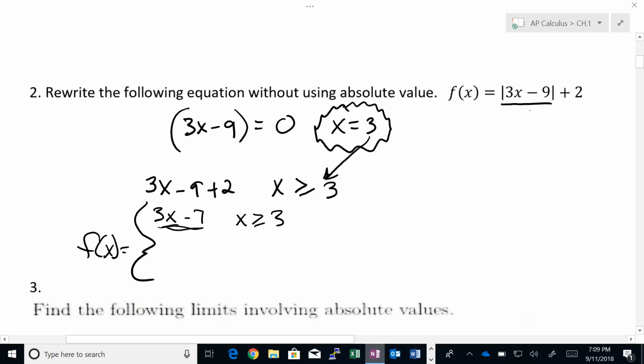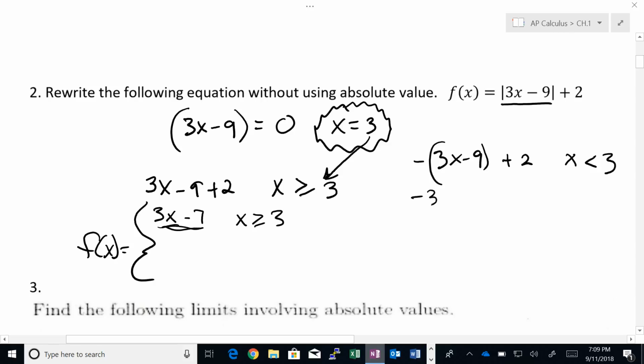But now we have to handle the absolute value. So then what we do, we take the 3x minus 9, negate the entire thing, move the 2 outside, and now we clean this up. And this is going to be for all the x less than 3.